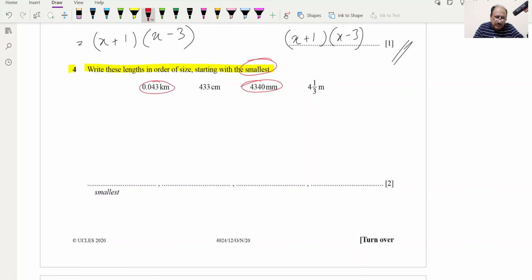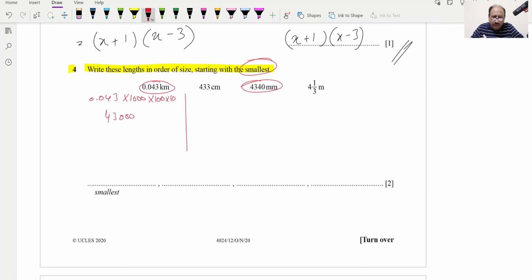Converting kilometers into millimeters, it will be 0.043 multiplied by 1000, which gives meters, then again multiplied by 100 gives centimeters, and multiplied by 10 gives millimeters. That is 3 plus 2 plus 1, 6 zeros, so we shift the decimal 6 places to the right.